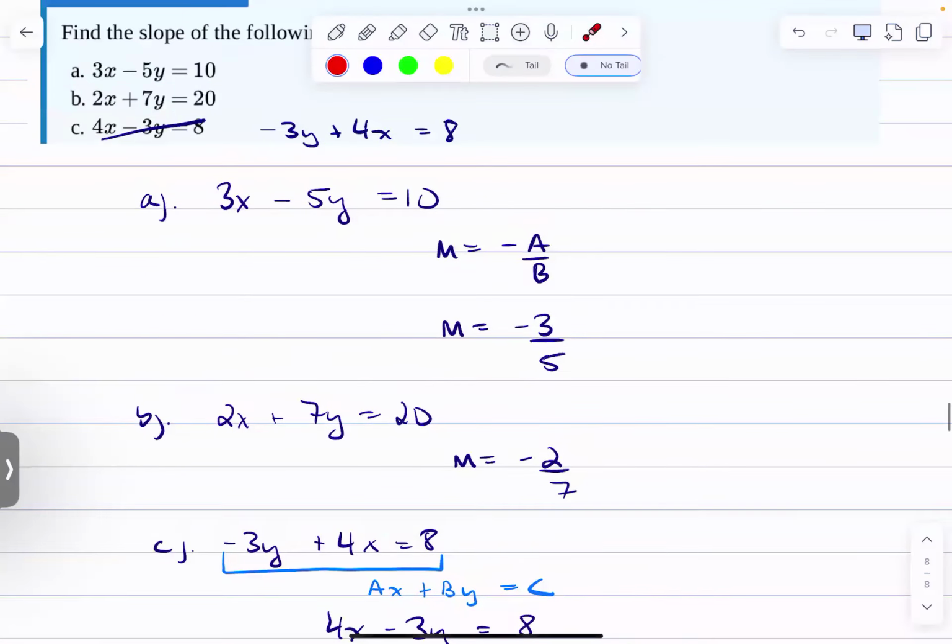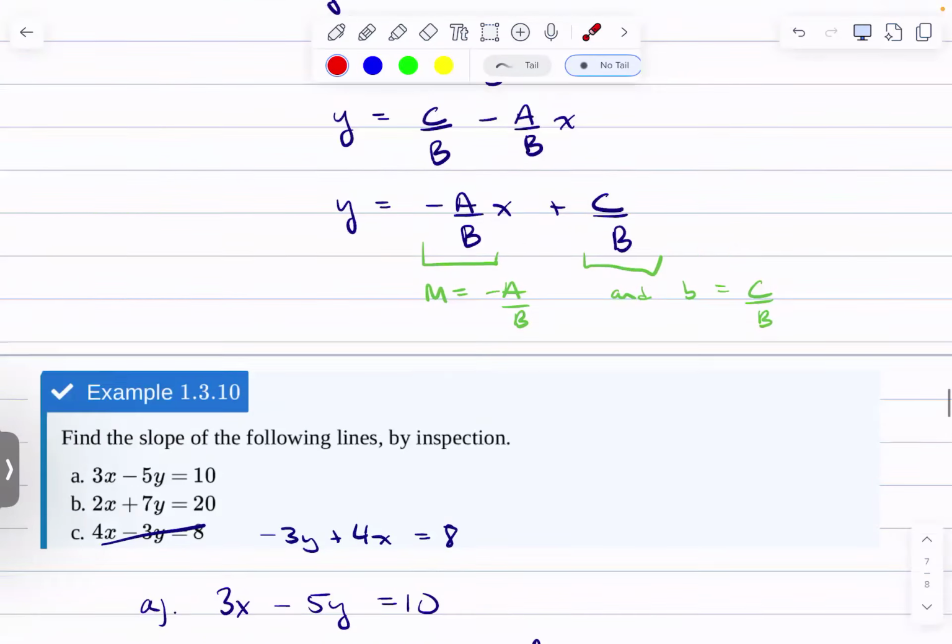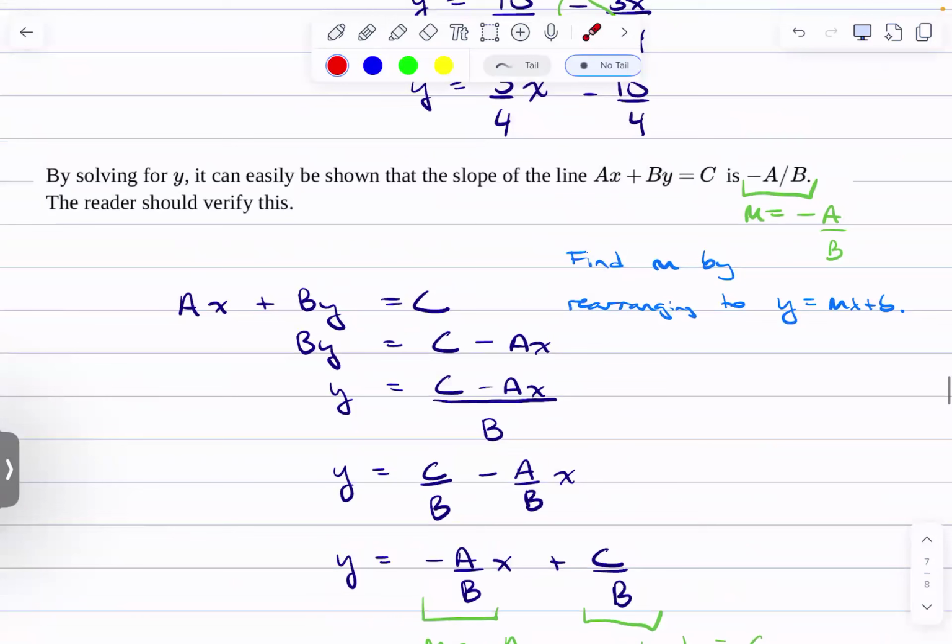So if a is negative, then -a would be just positive a. So it depends on what a is. Because the rule is that if you have it in this form, then the slope is -a/b. So it's always -a. So you'll just toss a negative on there.